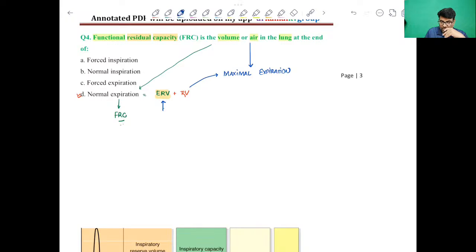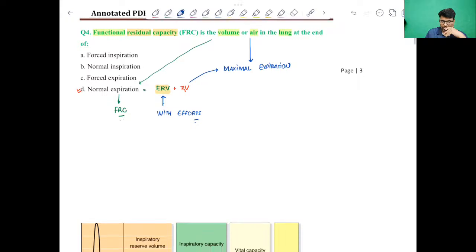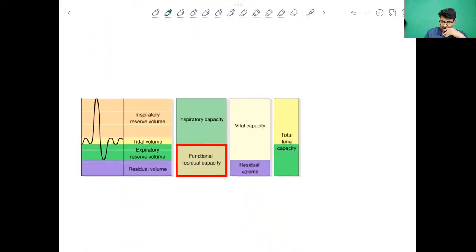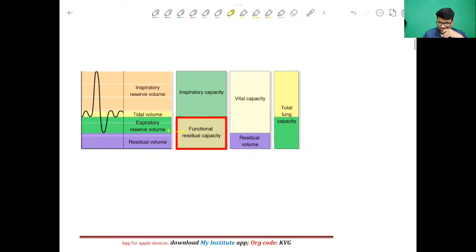So we can exhale it with efforts, and despite that, whatever volume of air remains in the lung will be known as the residual volume. So these are three terms: functional residual capacity, which is the sum of expiratory reserve volume and the residual volume. Thank you, Beyond Horizon. Thank you very much.